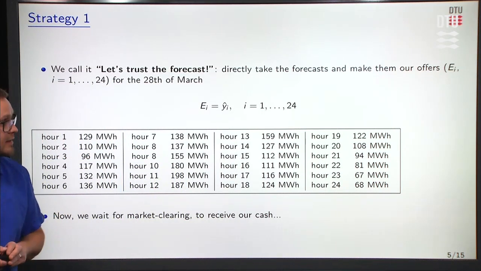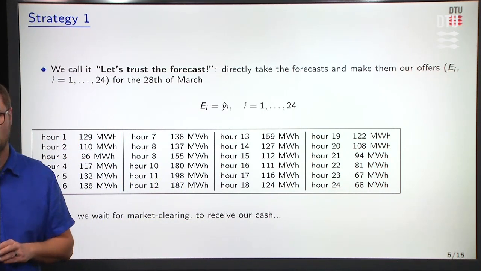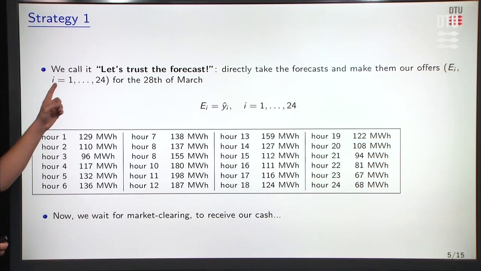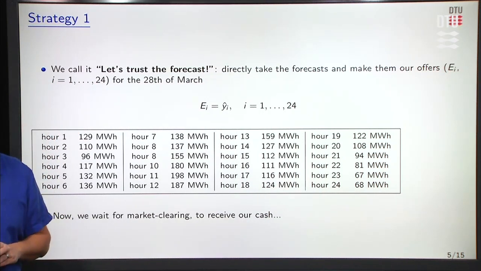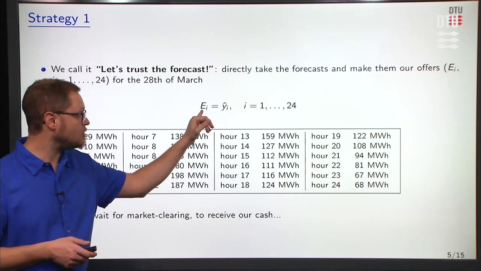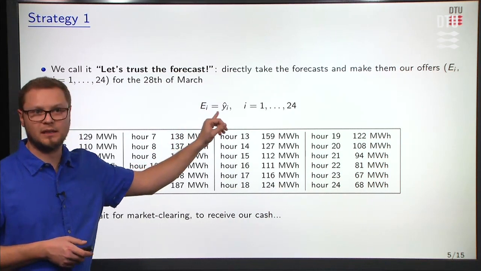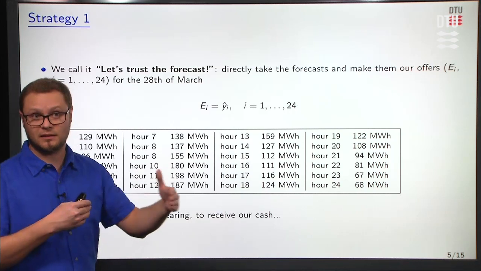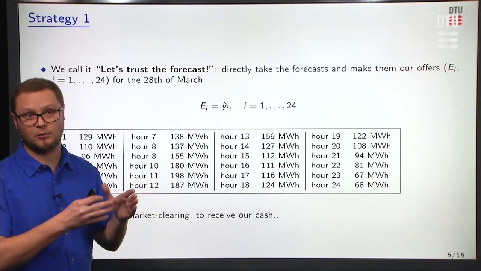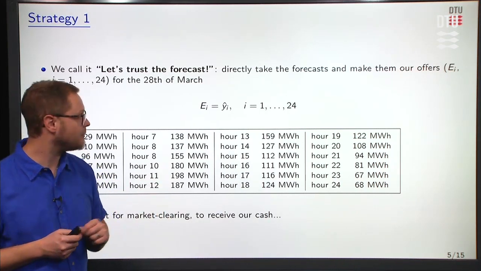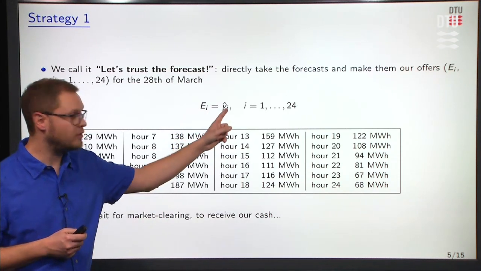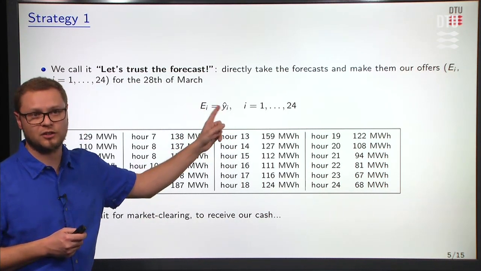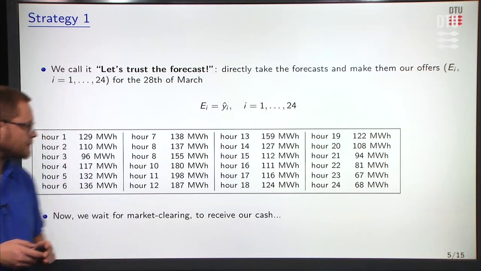That means in practice that our offers for the 24 market time units of the following day, so we have i equal 1 to 24, for i being the index of the market time unit, we'll have our energy offer, E_i, being equal to the forecasted power generation, since integrated power over the market time unit will make the energy block. So energy offer equal to the forecast for each and every market time unit.